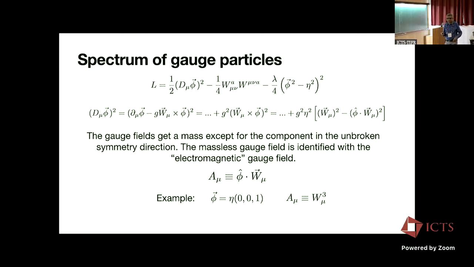And this massless gauge field is like the photon, so we call it the electromagnetic field. The electromagnetic field is the component of W along phi. As an example, if you take phi to be in the third direction, then the electromagnetic gauge field is just the third component of W.